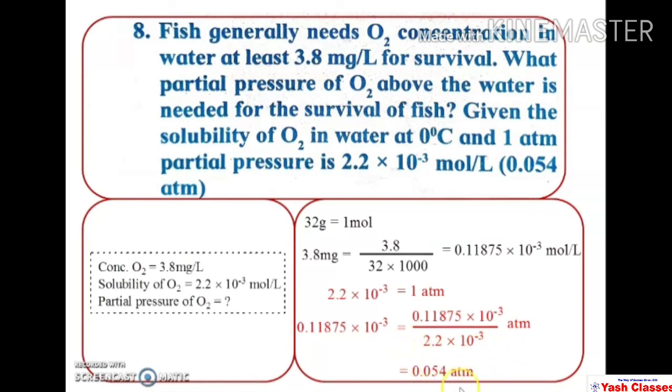So this is the partial pressure of oxygen that is required to maintain the concentration of dissolved oxygen equal to 0.11875 into 10 raised to minus 3 moles per liter, and this concentration is required for the survival of fish.